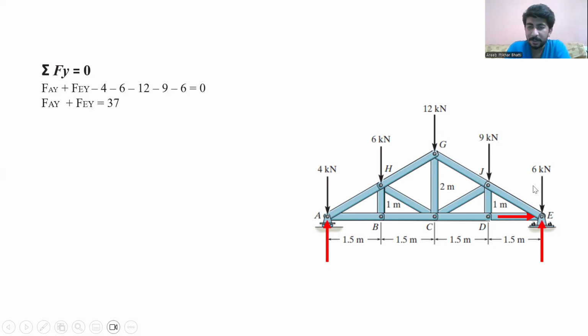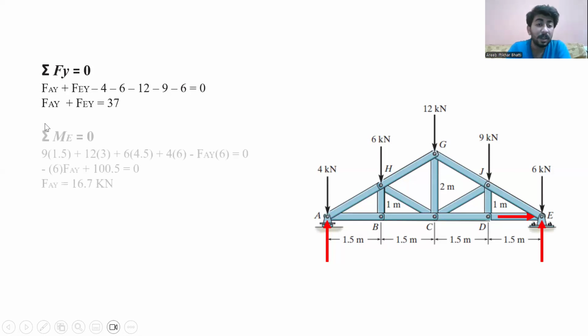As you see, all these forces are acting vertically downwards. So we get the equation which says that Fay plus Fey is equal to 37. But you are seeing that we cannot find Fay by using this equation.